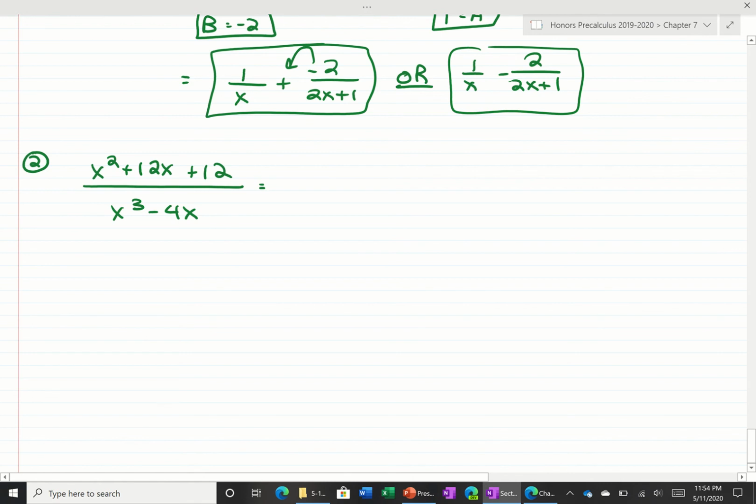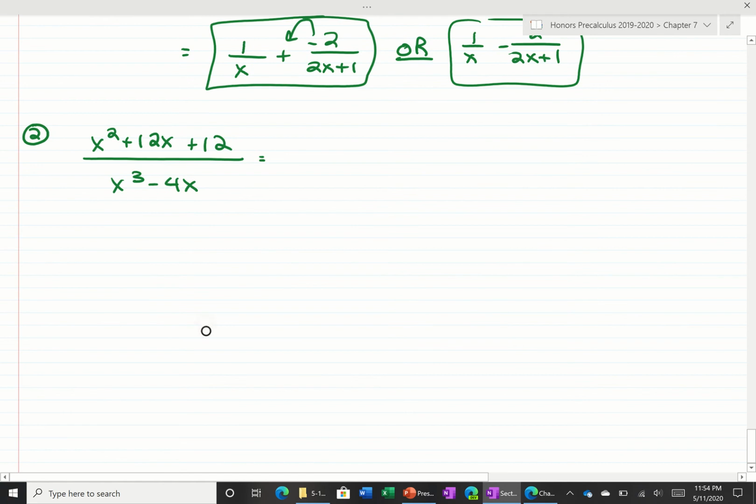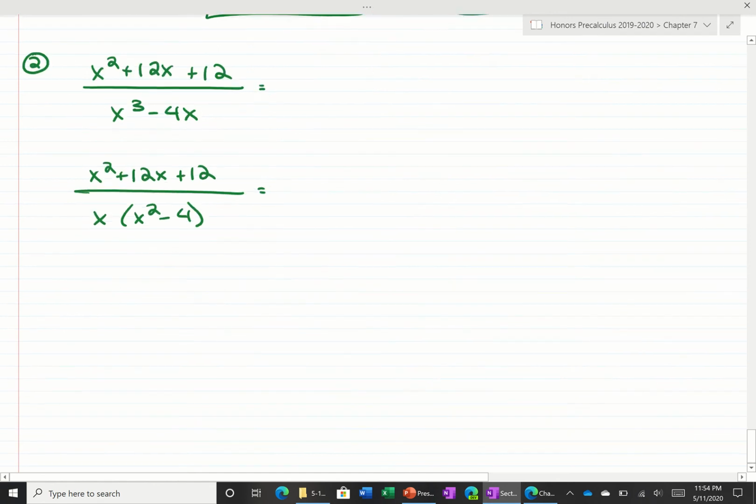So let's break it up. First we'll factor the bottom here. The bottom is going to be x times x squared minus 4. And we could actually keep factoring here. This would be x squared plus 12x plus 12 over x times x plus 2 times x minus 2.